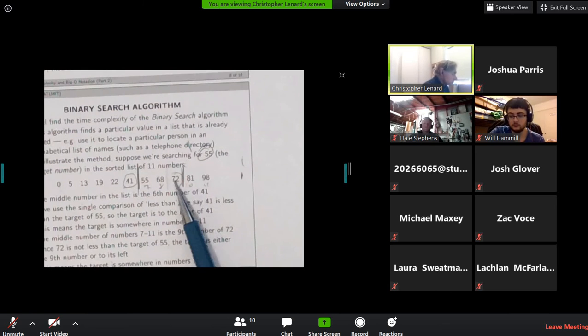Okay, I'm putting the dividing line there because of this sentence. 72 is not less than the target. So 72 is not less, so you know 55 is in here somewhere. So 55 is either that one, or that one. So between elements 7 to 9. Okay, well that was one comparison to make that.